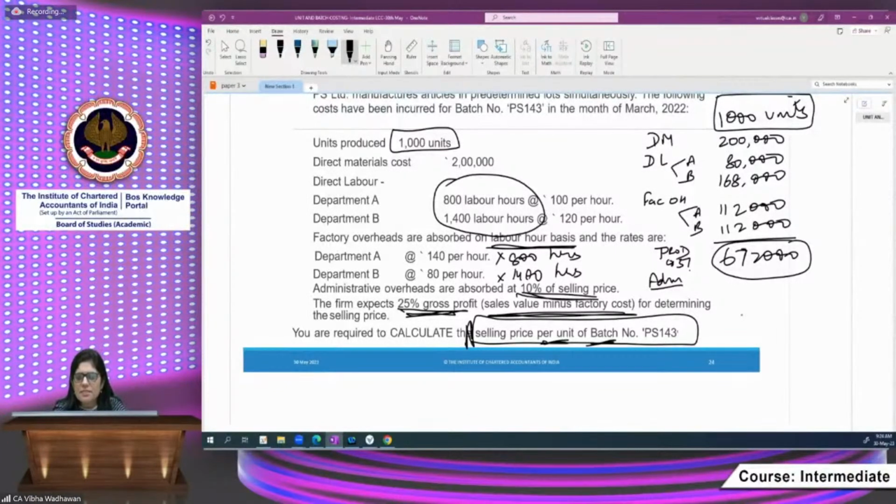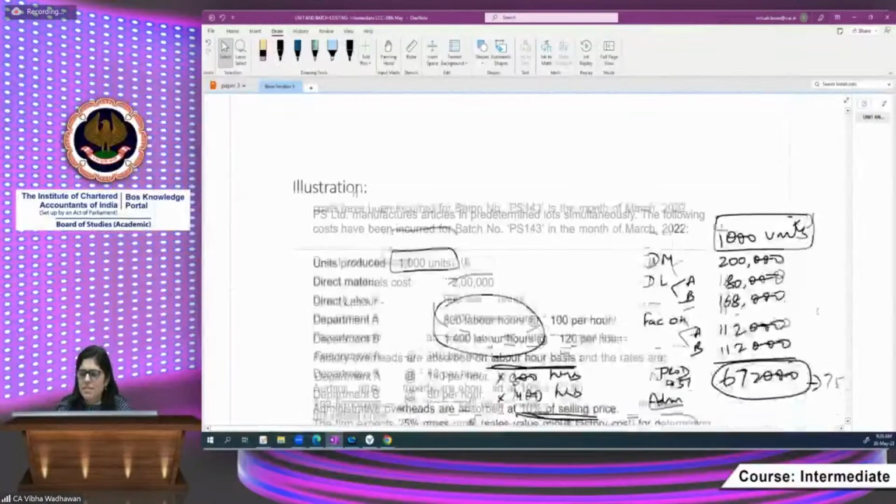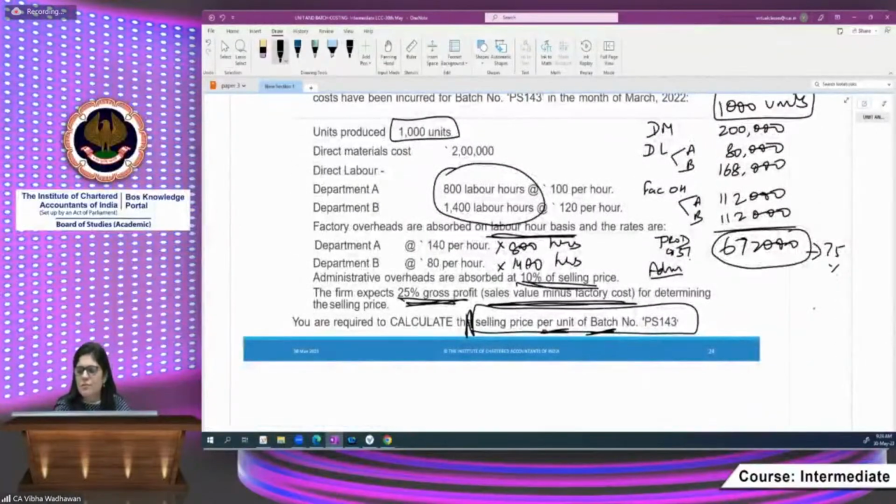That means 6,72,000 has to be 75%. Administrative overheads we don't know, but the total cost we know, and then we can add the profit, which again we don't know.